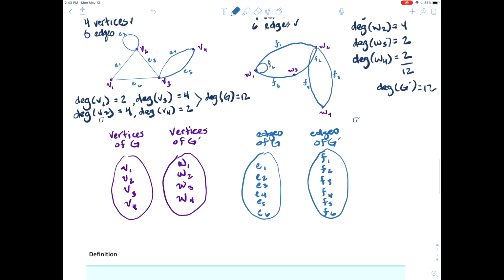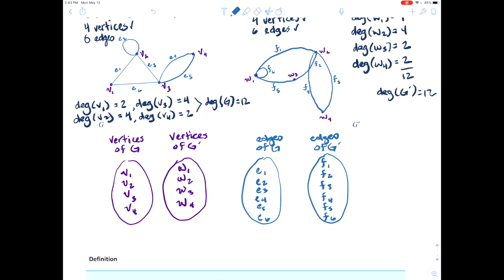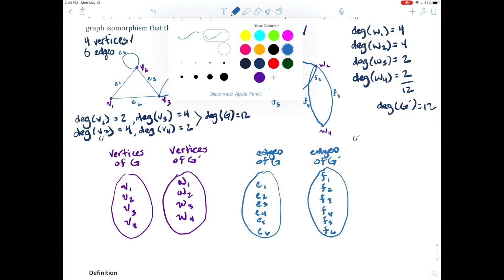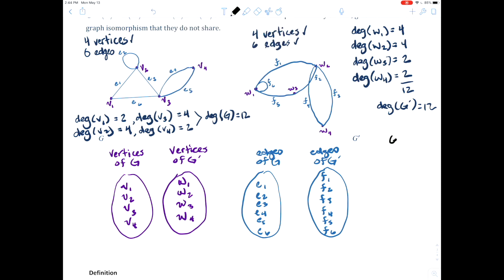And what we're going to do is start working on the correspondences. So here, if we take a look at G and G prime, what I'm looking at are edges that are between vertices.